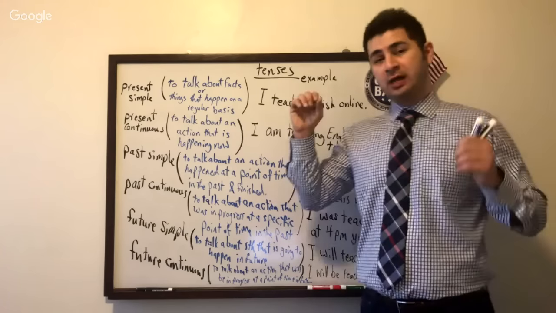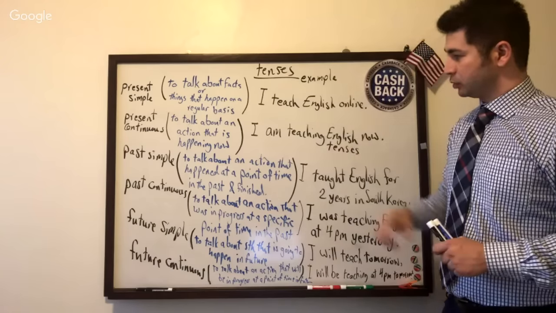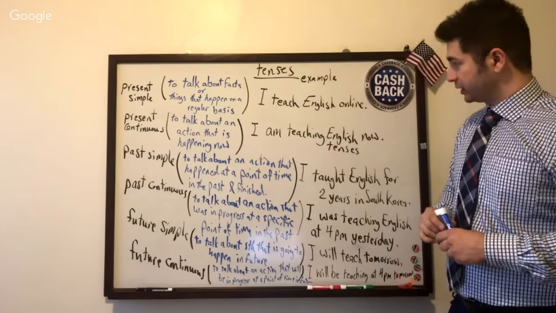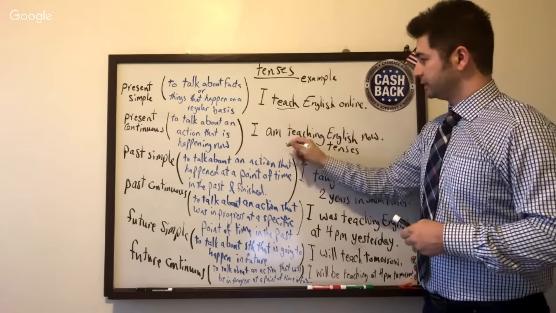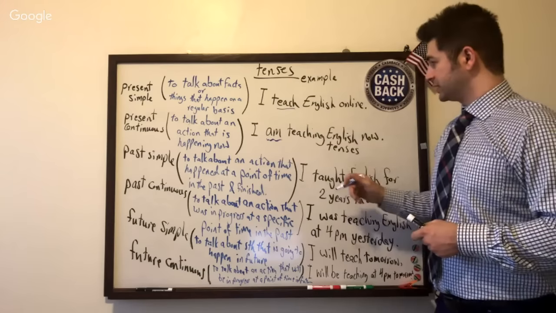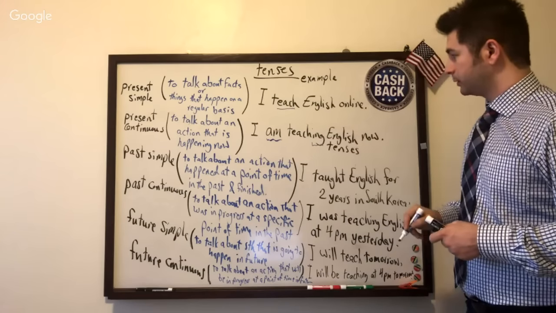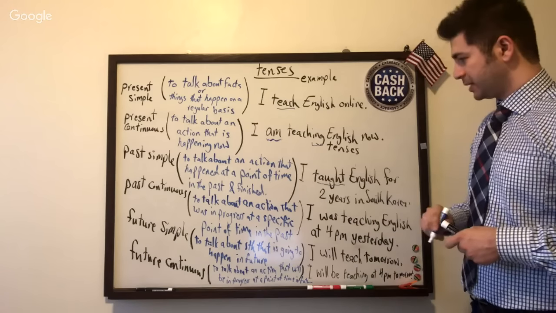You can realize these things by doing a simple comparison of the examples on the board. Here you see the simple form of the verb. With the continuous tenses, we have the ing form. With the past, we have the simple past form of the verb.